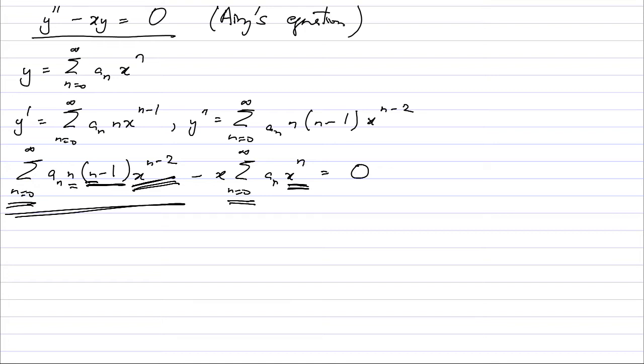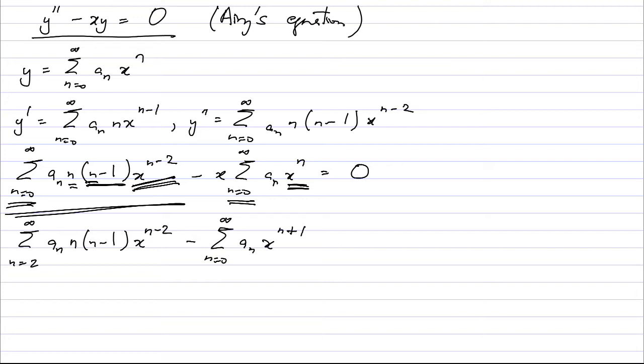So I can write down the first series starting from n equal to 2 to n equal to infinity, n(n minus 1) a_n x raised to power n minus 2.